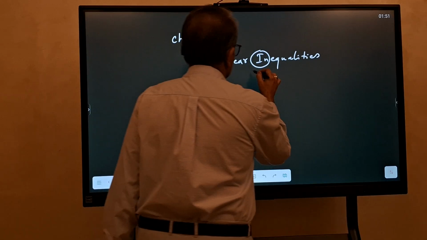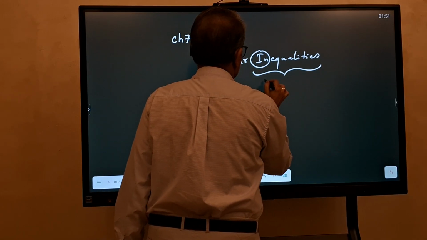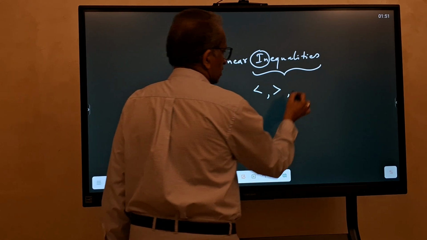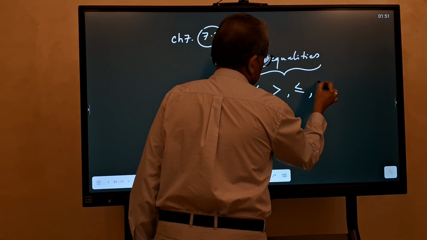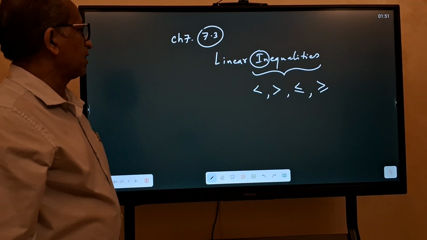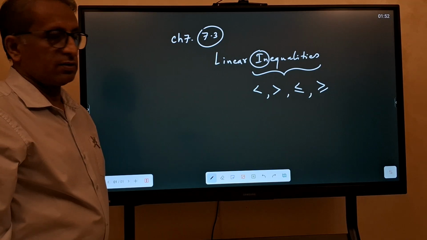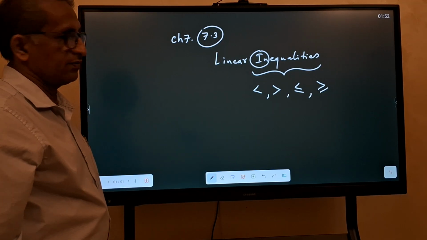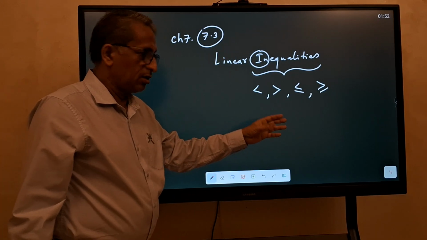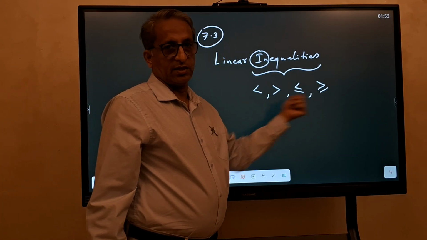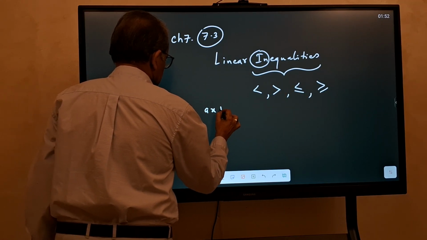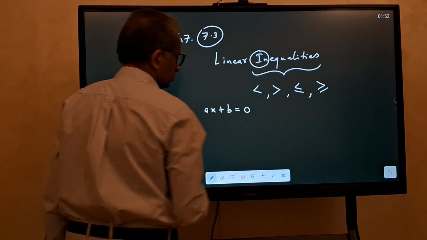So what are they? The inequalities are of this type: less than, greater than, less than or equal to, greater than or equal to. These are the four what we call inequalities. In section 7.3, we will have linear equations with inequalities like this. We have seen ax plus b equal to 0.